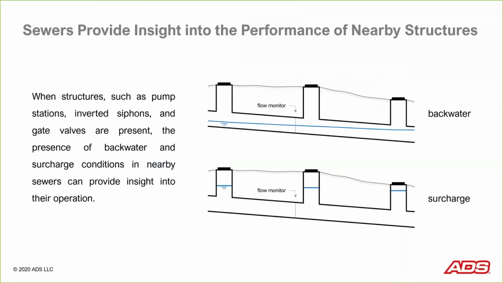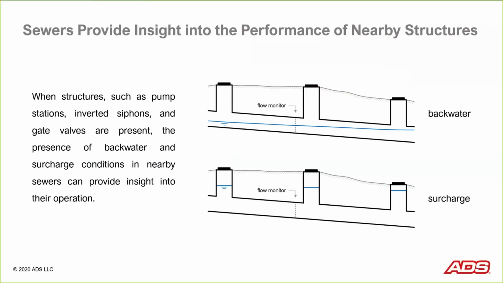It turns out that gravity sewers actually can provide some insight into nearby structures under certain conditions. And those conditions are the backwater and surcharge conditions that are caused by those structures. So anytime these structures are present, the backwater and surcharge conditions in the upstream sewer that result from that structure can provide insight into how those particular structures operate.